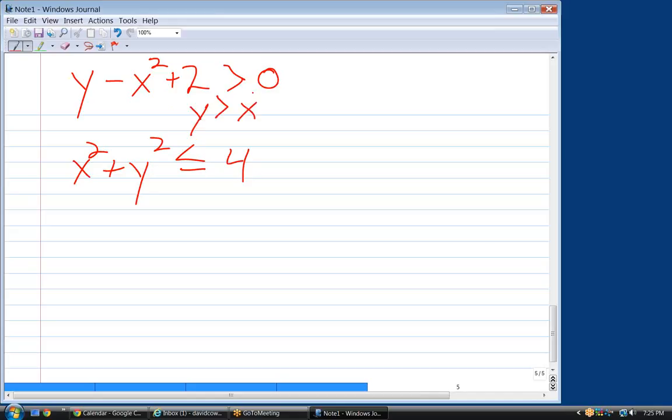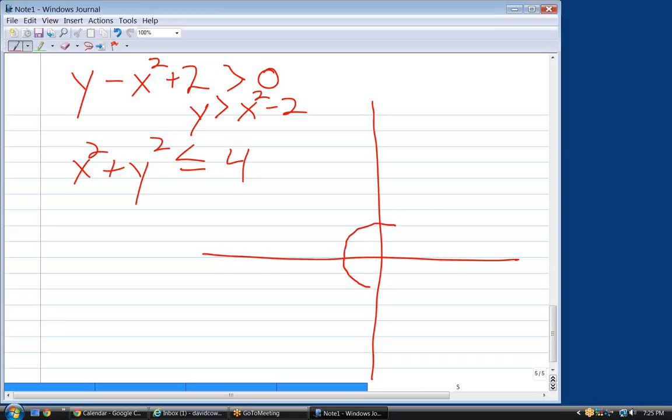Makes y greater than x squared minus 2. So we have a parabola and we have a circle. The circle has a radius of 2. The parabola has been shifted by 2 units down, so it's going to go through that point right there. Look something like this.